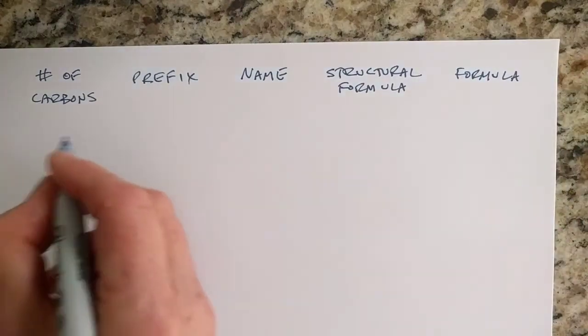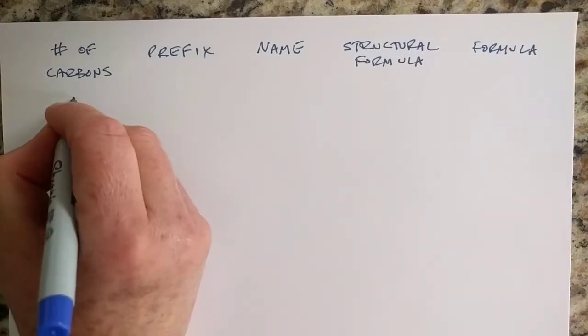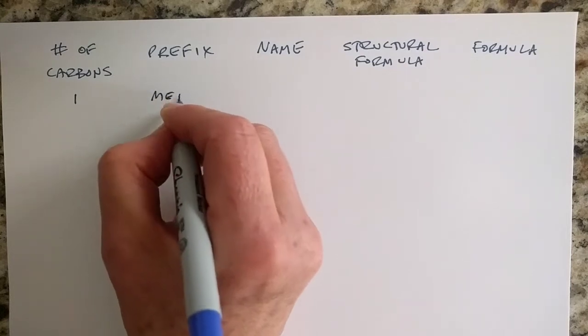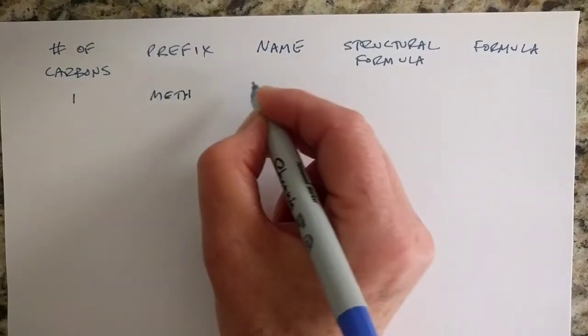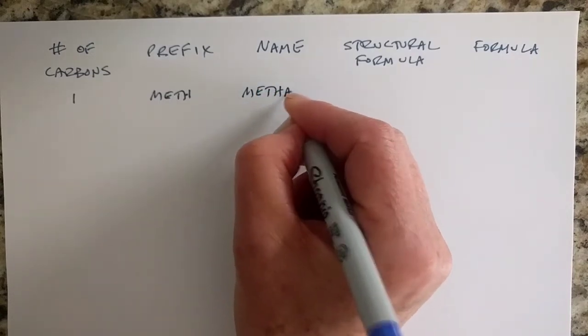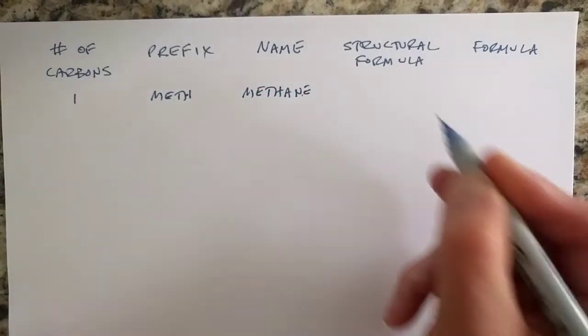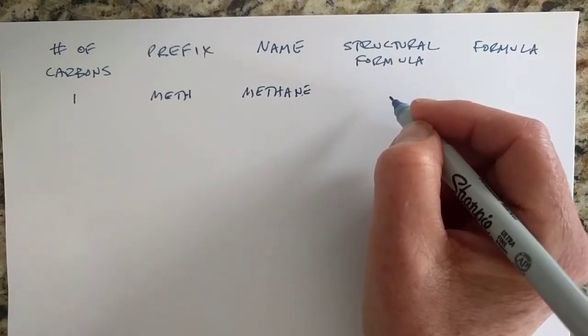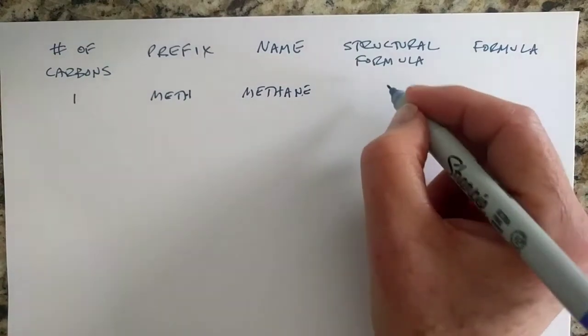All right, so if we have one carbon, our prefix is meth. The name of the compound is methane. The structural formula, so this we're not going to show the 3D structure, we're just going to do everything flat.